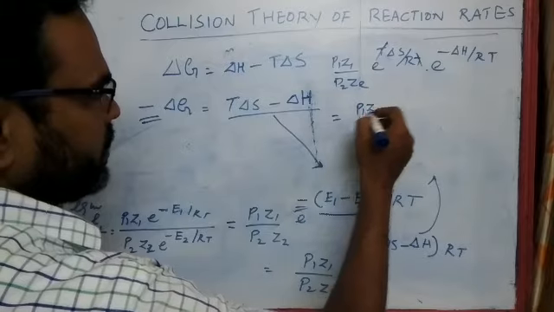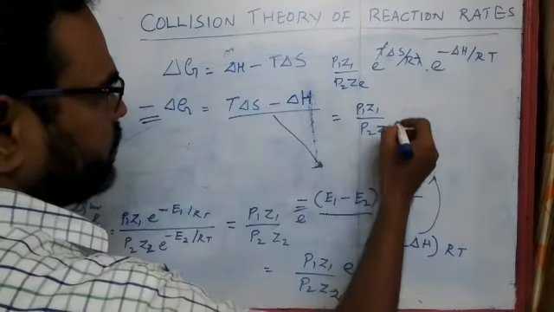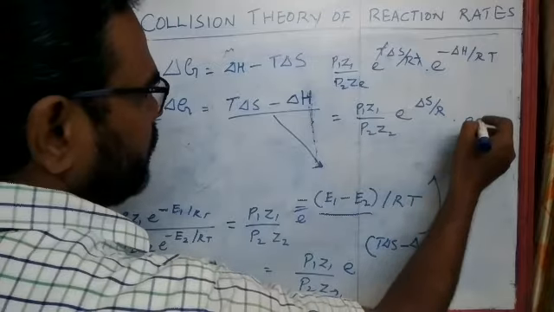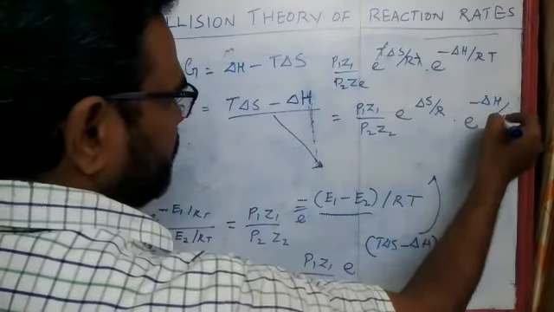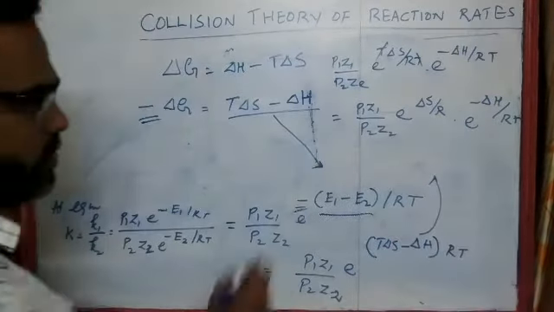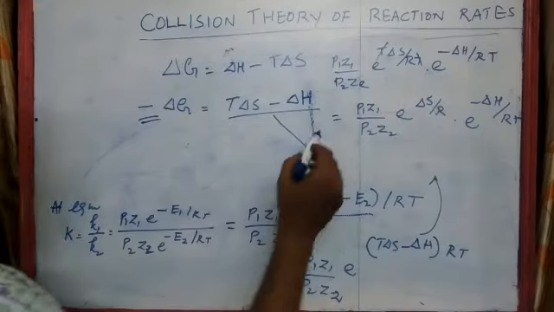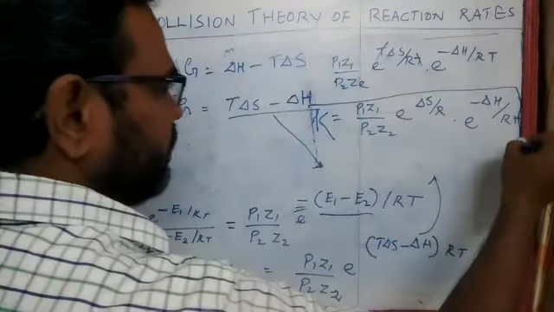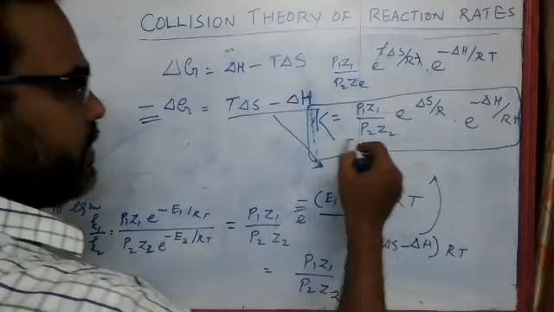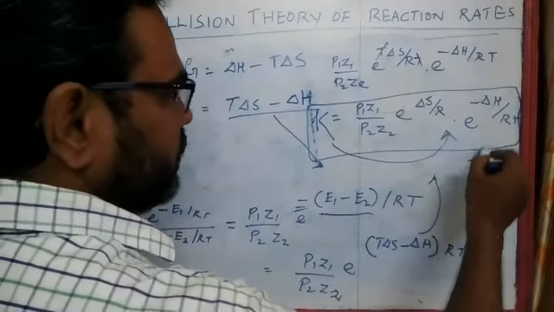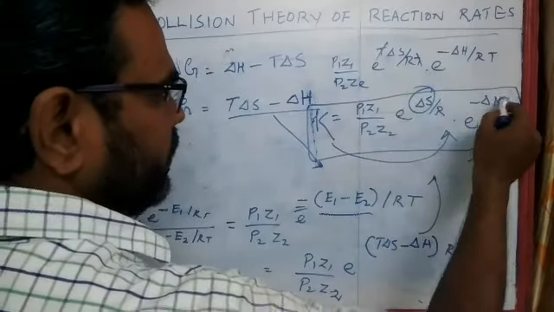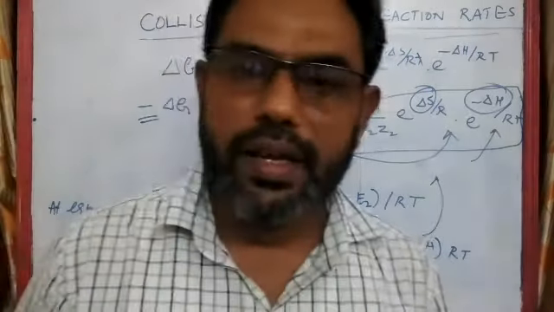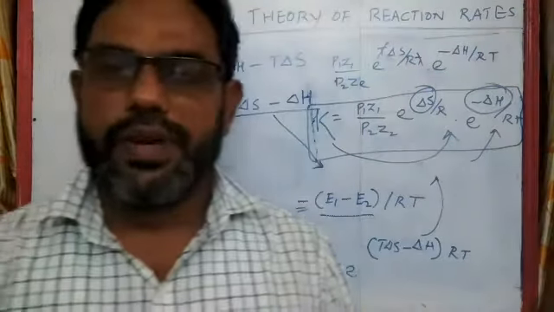The equation becomes P1 Z1 by P2 Z2 e power delta S by R into e power minus delta H by RT. So the equation changed to this form. Ultimately the equilibrium constant, or rate equation, consists of enthalpy and entropy terms.